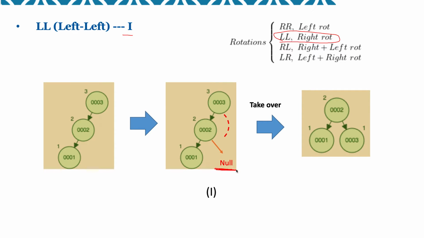If you write the code, you will understand what's going on. I will provide the code later in the description below. You will find it in the code, right? So the number 3 node will take over the null node. Eventually, you will form a triangle. It's just like a chain: you lift up the middle part of the chain, and the other part eventually falls down to this position. So it's quite easy to understand.